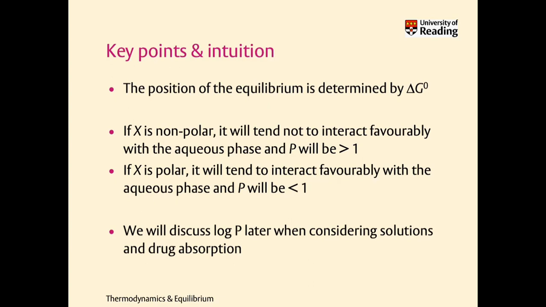So if X is nonpolar, it will tend not to interact favourably with the aqueous phase, and P will be greater than 1. And if X is polar, it'll tend to interact favourably with the aqueous phase, and so P will be less than 1.